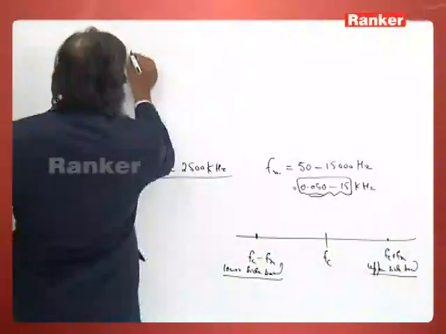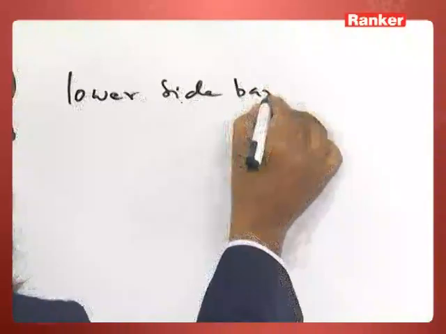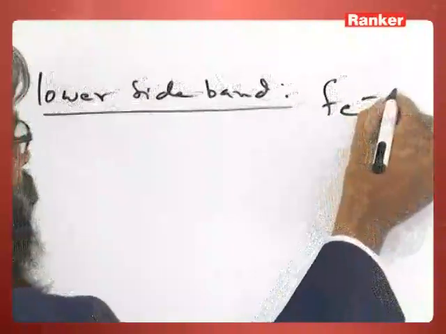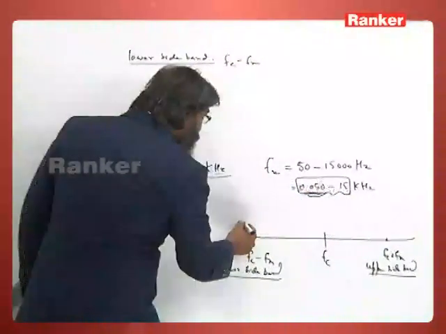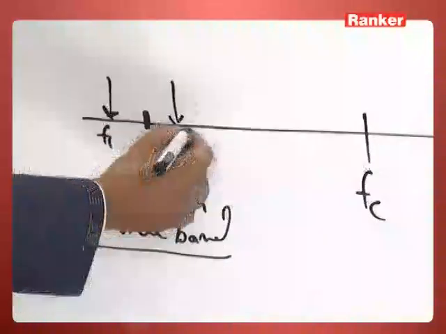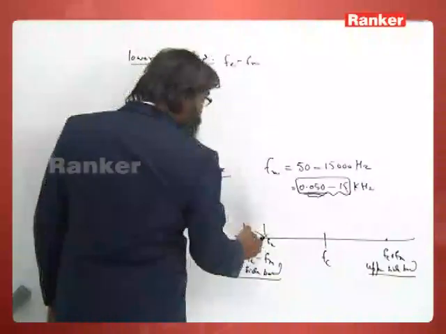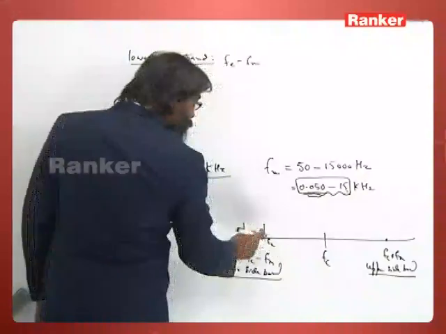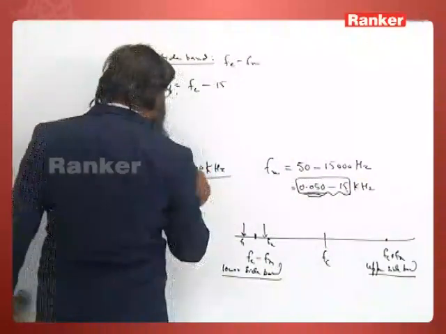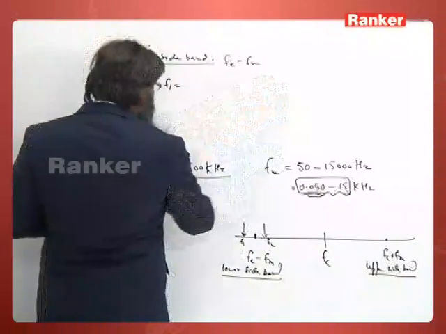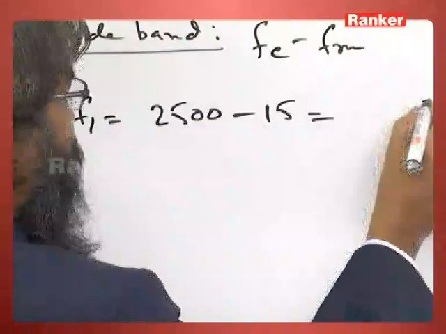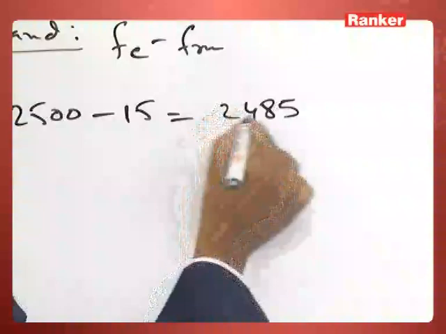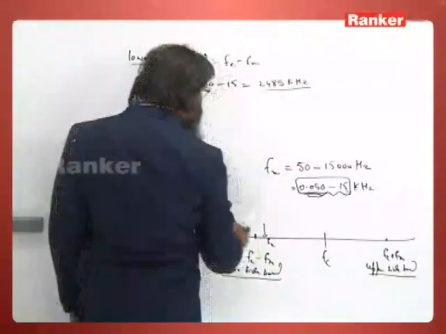Let us first start with the lower sideband. The lower sideband is given by FC minus FM. Since the signal has two limits, it splits into two, which I call F1 and F2. F1 is FC minus 15, and FC was 2500, so 2500 minus 15 is 2485 kilohertz.